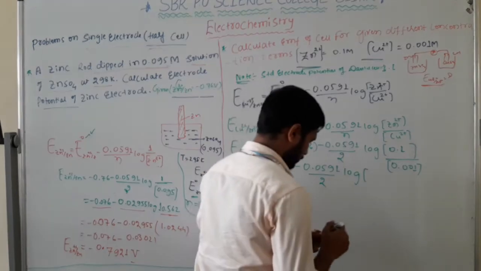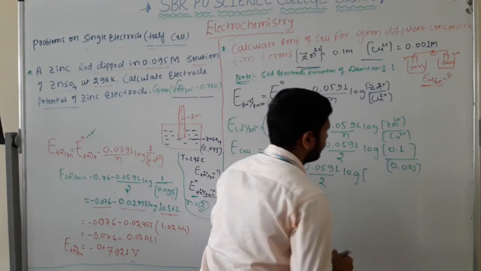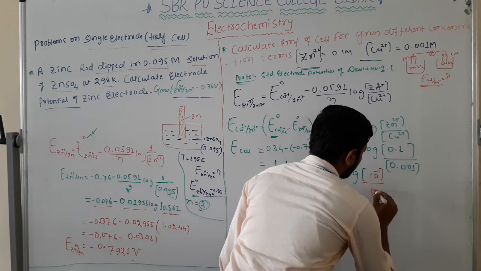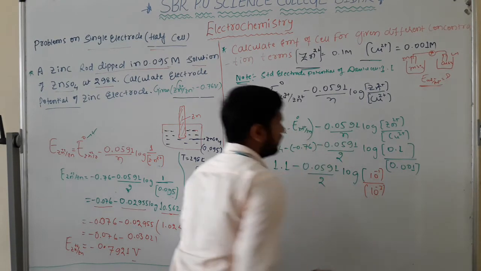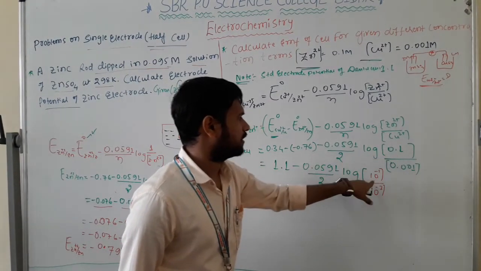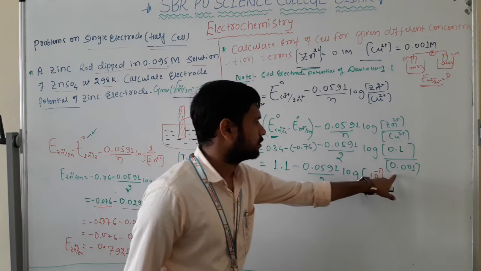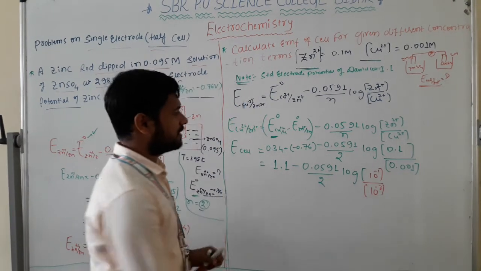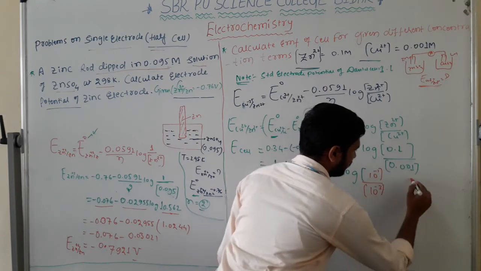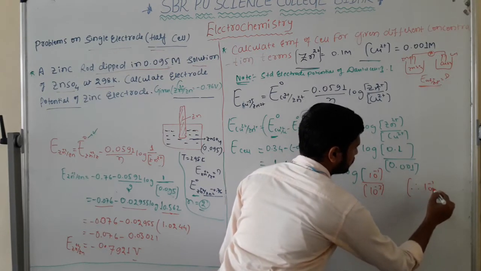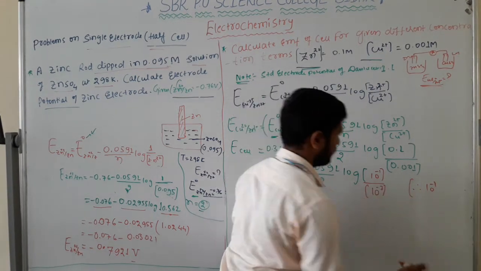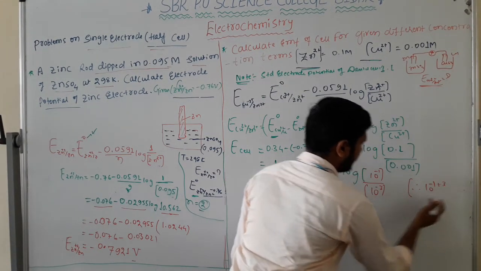See, 10 power minus 1 divided by 10 power minus 3. When the minus 3 comes to the upper side, the powers add: 10 power m divided by 10 power n becomes 10 power m plus n, so this is plus 3 and 10 is going upper side.